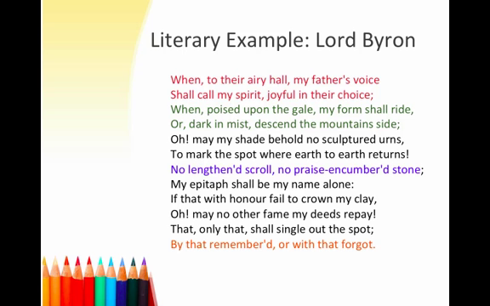Are these sentence fragments? They do start with "when." I have a subordinating conjunction. Is there a main clause later? Could you argue that "when to their airy hall" and "when poised upon the gale" are connected to "oh, may my shade behold no sculptured urns"?